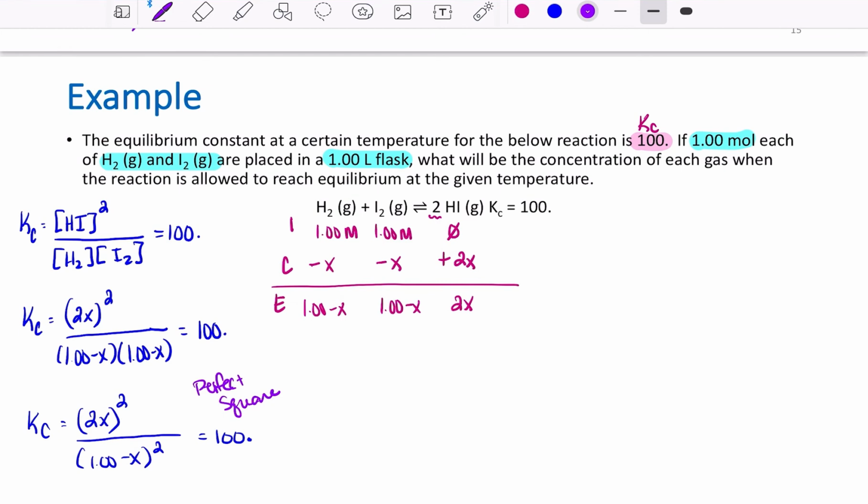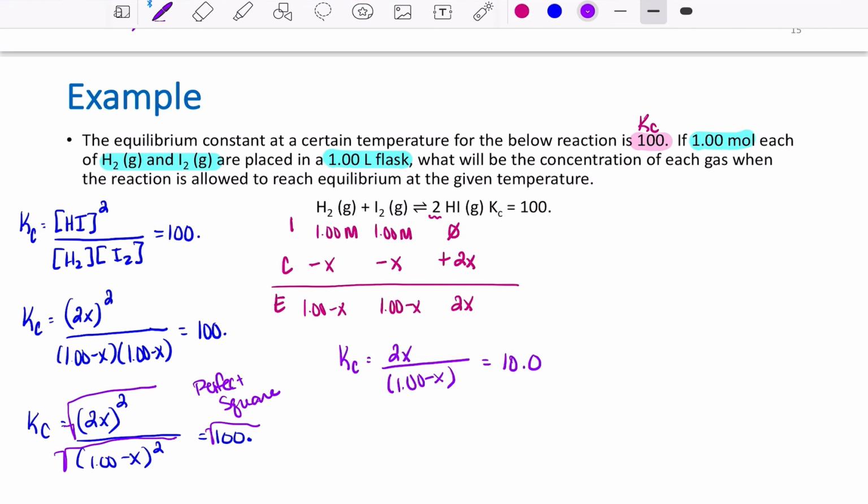Like, I know it, but I don't prefer to use it if I don't have to. I'm going to take the square root of both sides. When I do that, I'm left with 2x divided by 1.00 minus x equals 10.0.